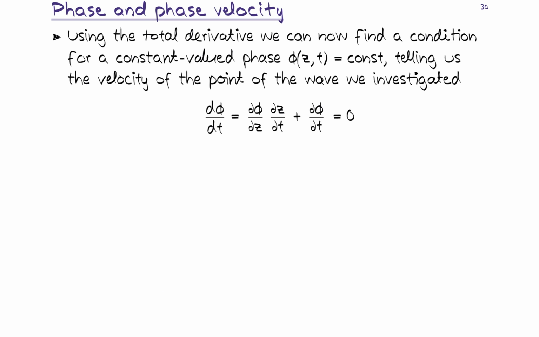So now we apply the physics into our differential equation. And then we can take the equation in the middle, and have the first two terms on the left-hand side, and on the right-hand side I have the minus of the partial derivative of the phase function phi over time, and this is our equation.